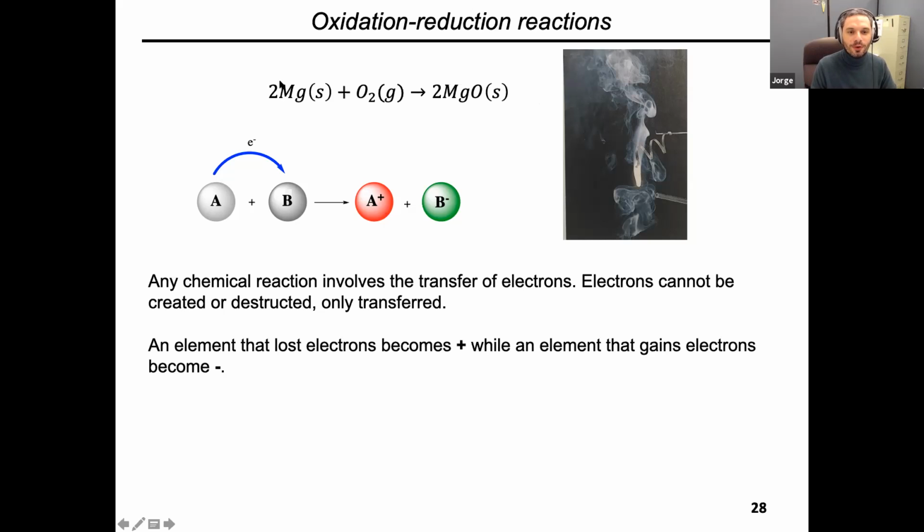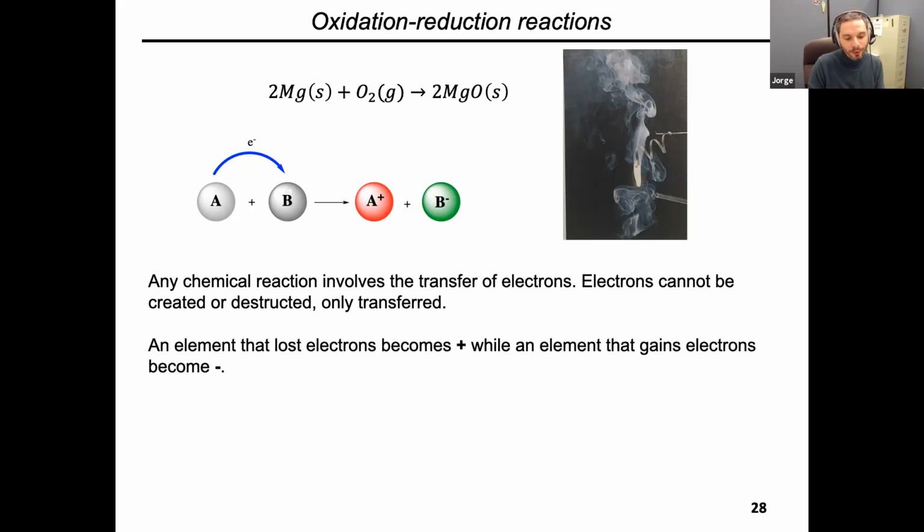Okay, so if someone is losing electrons, someone is gaining electrons. And always remember that an element that lost electrons becomes positive, while an element that gains electrons becomes negative.